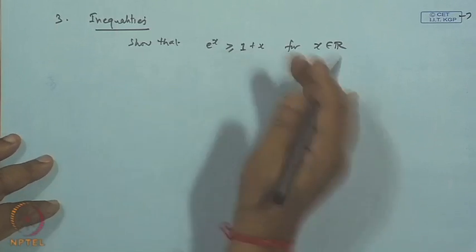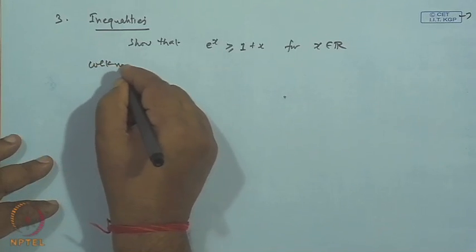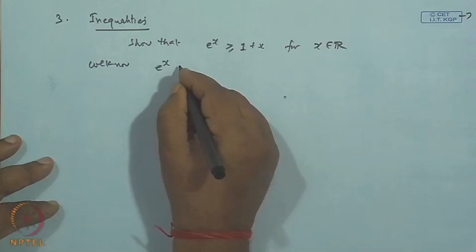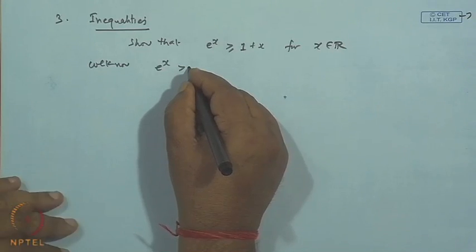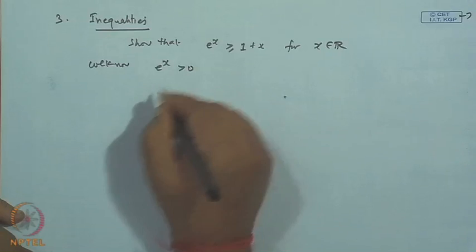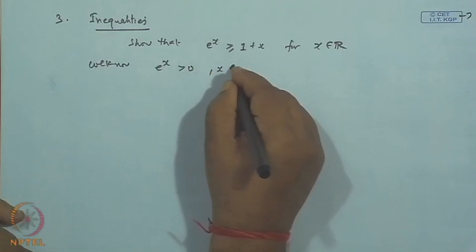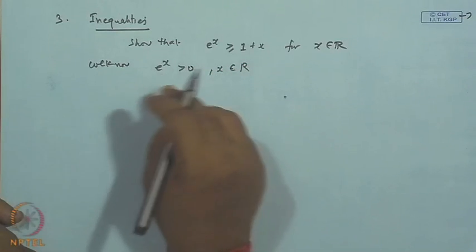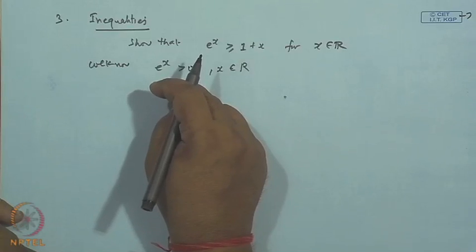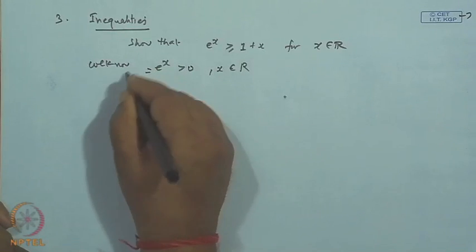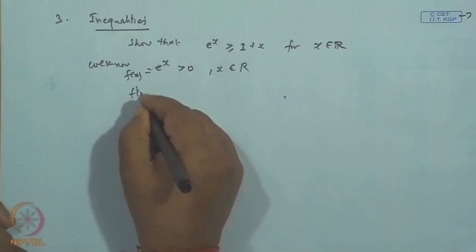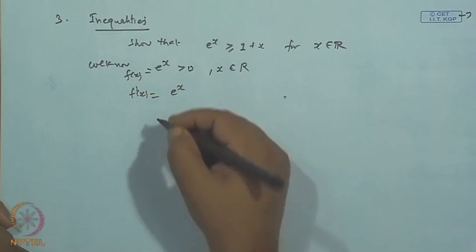Now, we know that e to the power x is always a positive quantity when x belongs to R, and its derivative f prime x is e to the power x itself.